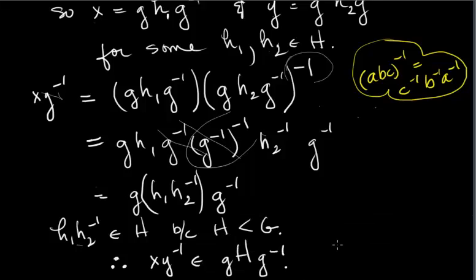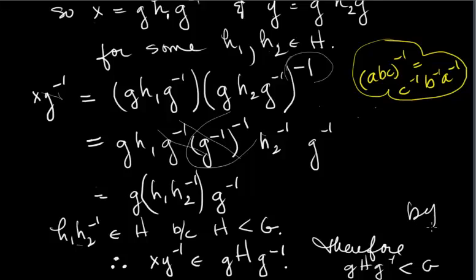So we can conclude, therefore, GH G inverse is a subgroup of G by the subgroup criterion test, SCT. We let x, y be in there, and we showed that xy inverse satisfied the membership rule of the conjugate subgroup.